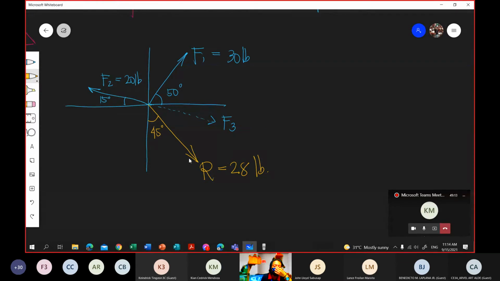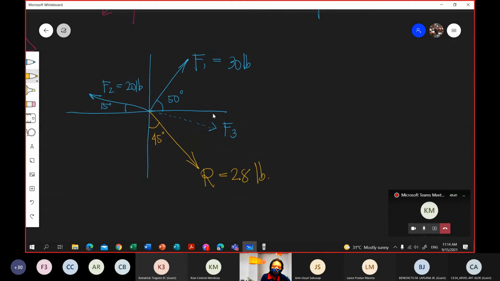So given a resultant, you are asked to find the magnitude and direction of F3, so that the resultant has a magnitude of 28 pounds and is acting at 45 degrees from the vertical in quadrant 4.